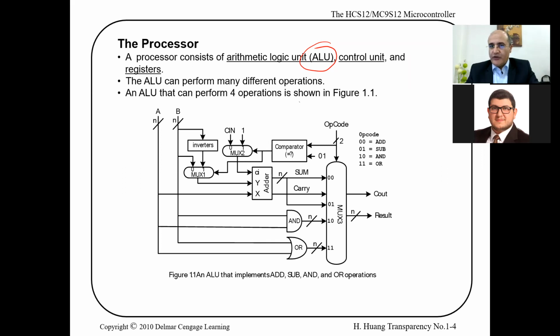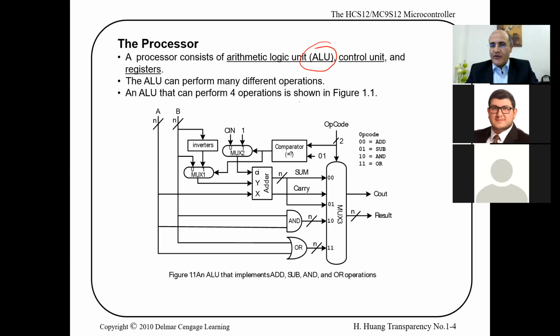So the opcode tells the processor what to do on the operands. So add, for example, like the add over here. The add here says add number 1 with number 2. The machine code, the opcode for the add is 0, 0.